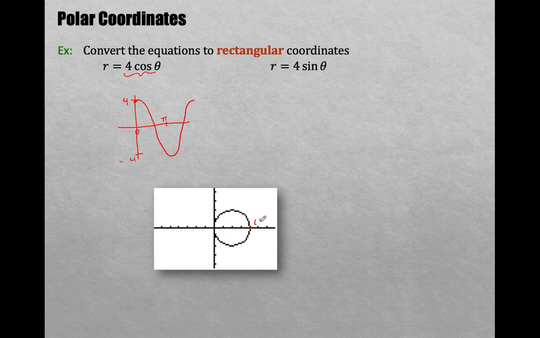The x-coordinate here was 4 comma 0, but in polars, this was r is equal to 4, theta is equal to 0. We were thinking this was pi over 2, but it's not. This is pi over 4. This is when theta is pi over 4.